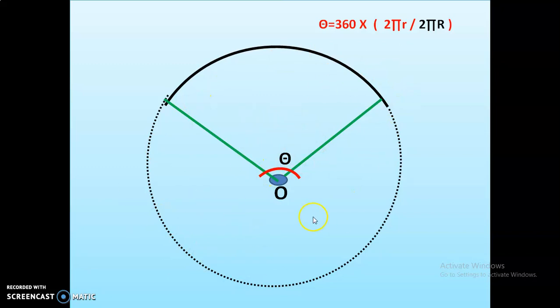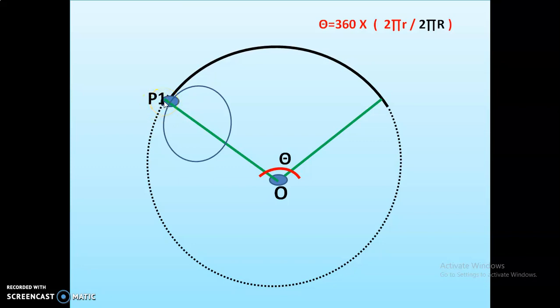In this base circle, we have a small circle. This is the rolling circle, and it is rolling inside the base circle. Initially this rolling circle is in contact with the base circle at point P1 at this particular position.